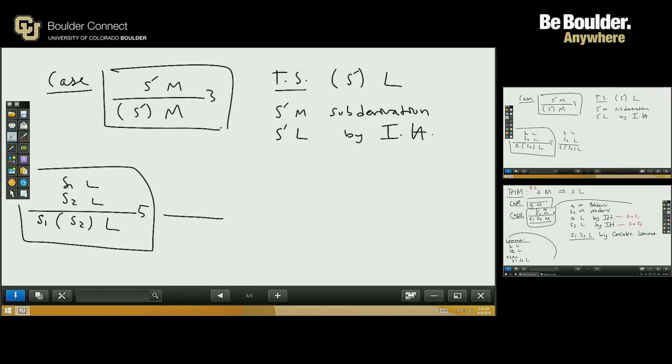I'm just taking this rule and replacing S1 with empty, which is okay because empty is a string. And if I apply this modified version of the rule, it basically exactly matches what I want. It allows me to put parentheses around the outside of the string, so I can say S prime L by rule 5. And that's what I was trying to show in that case.